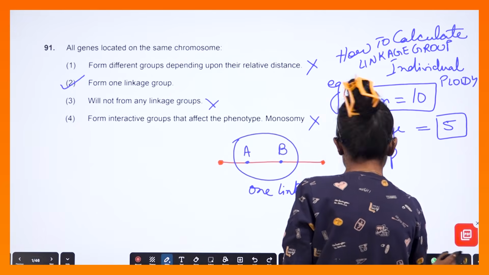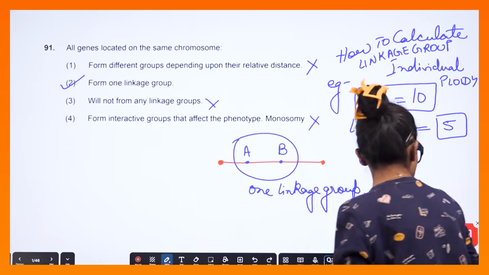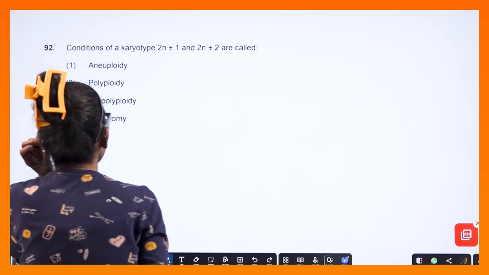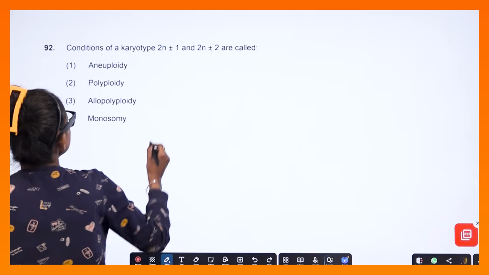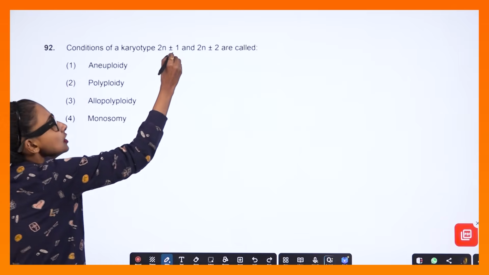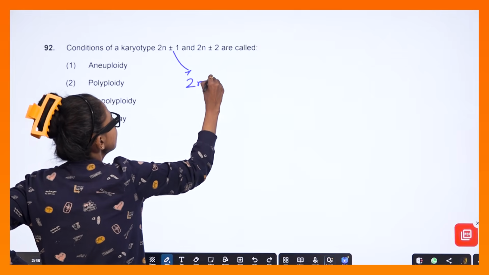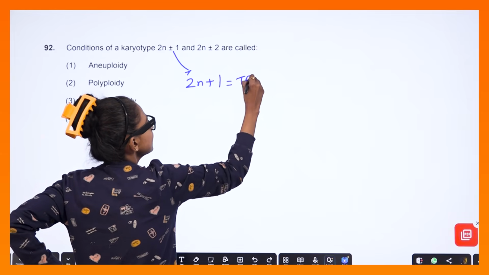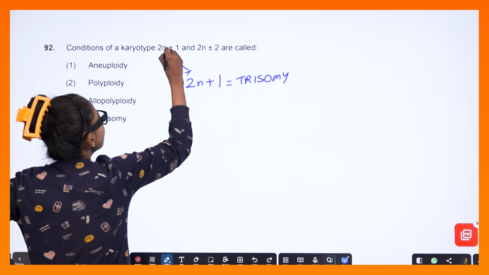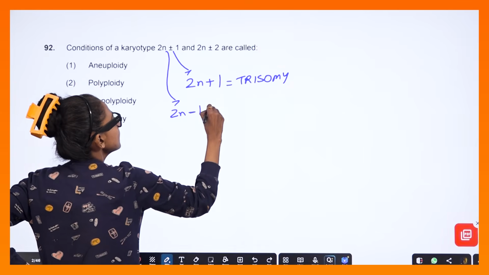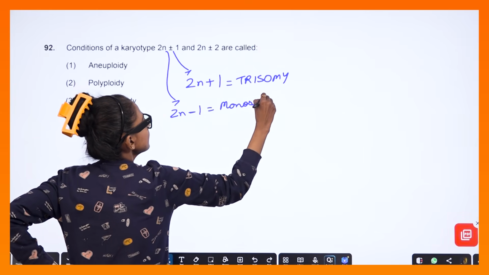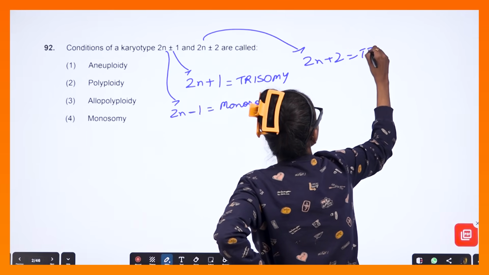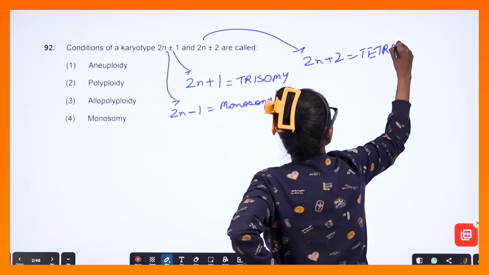Now let's see. You can very well see 2n plus minus 1. If it is 2n plus 1, that is trisomy. 2n minus 1 is monosomy. 2n plus 2 is tetrasomy.